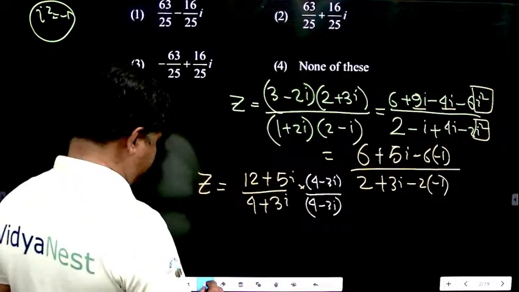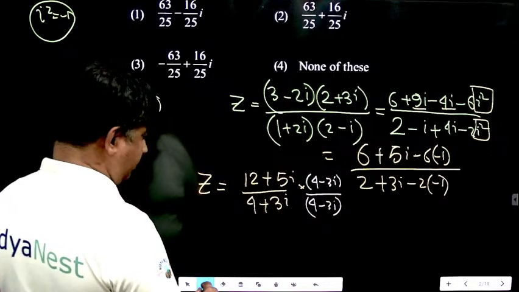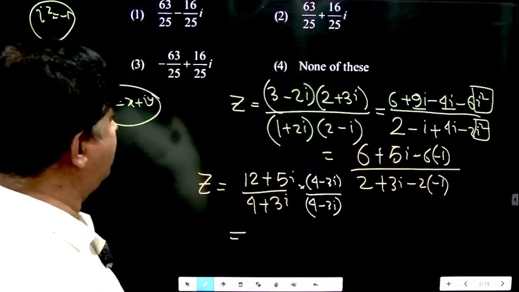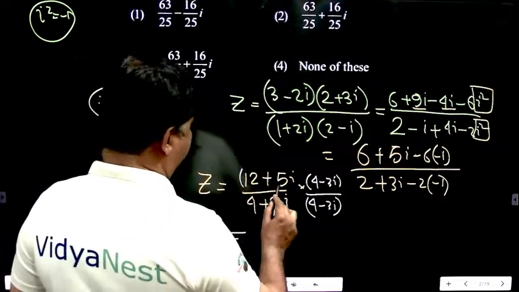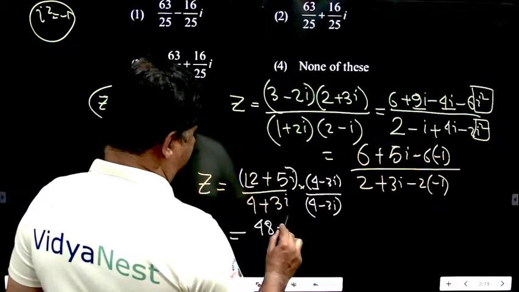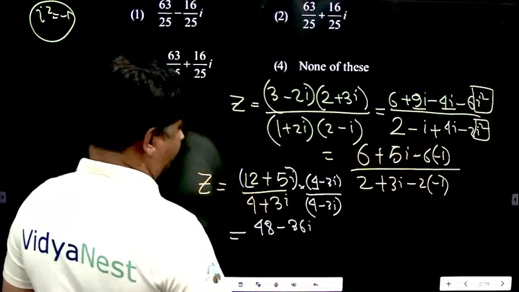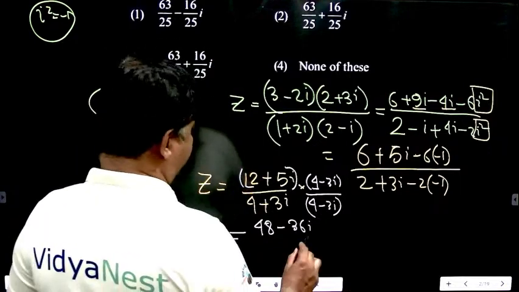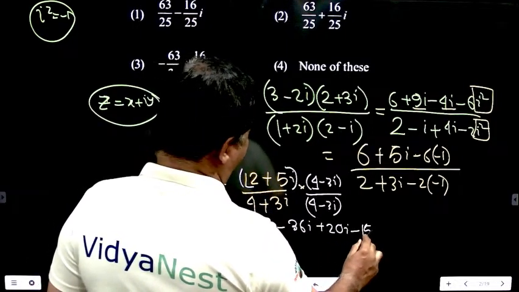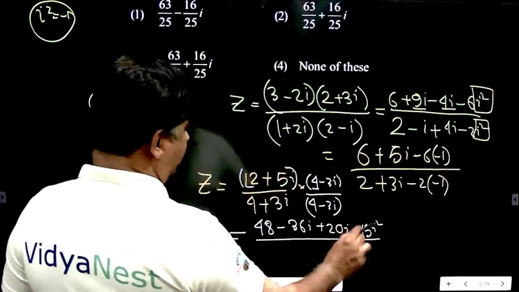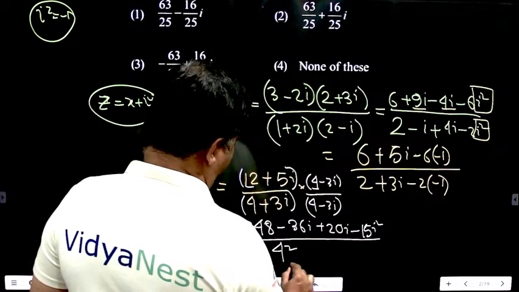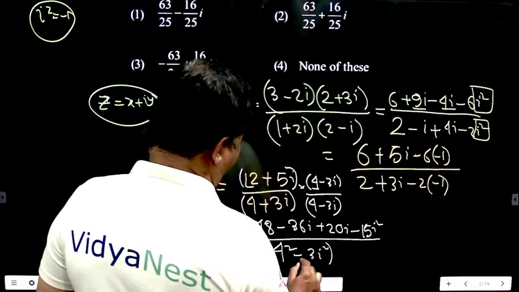So the numerator's multiplication will give you what? 4 into 12, 48 minus 36i plus 20i minus 15i square. And in the denominator, you observe it is the product of a plus b and a minus b, so a square minus b square.